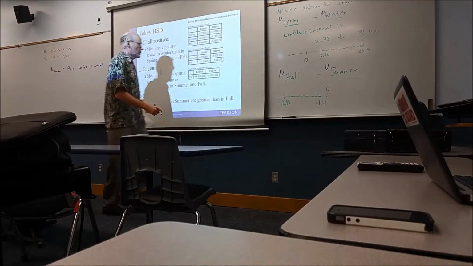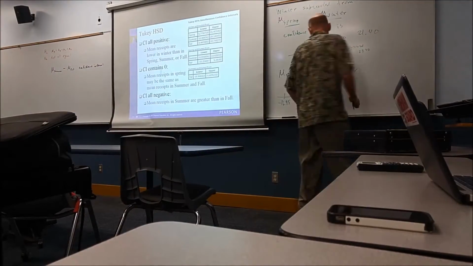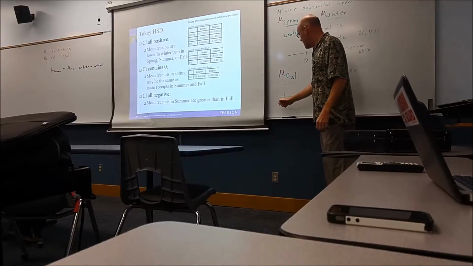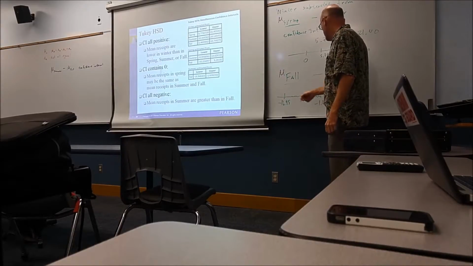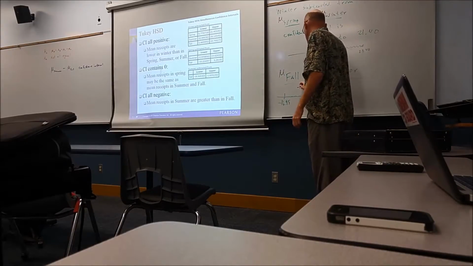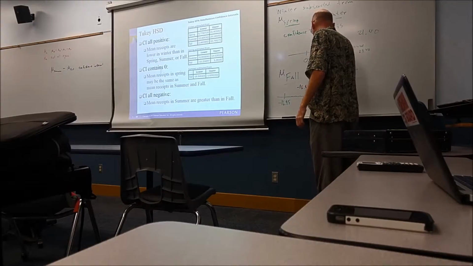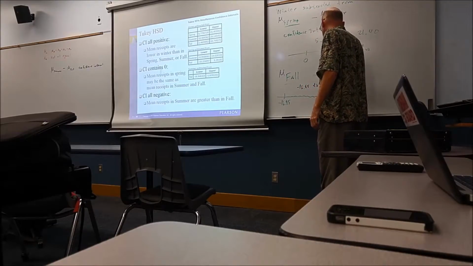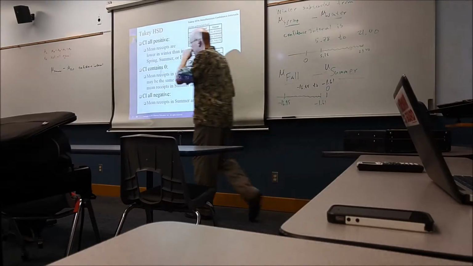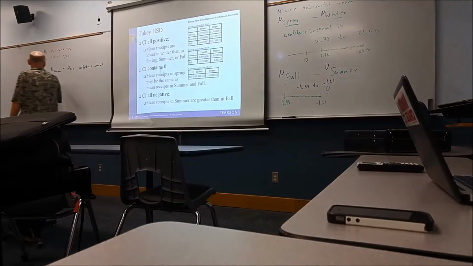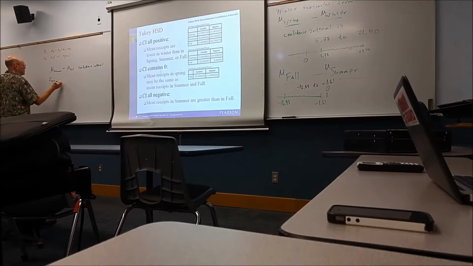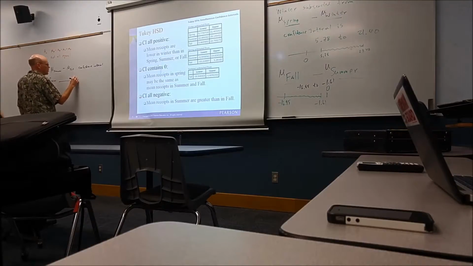Okay, so for fall minus summer, our confidence interval is from negative 16.95 to negative 1.61. Okay, so if it's this one though, from what to what?